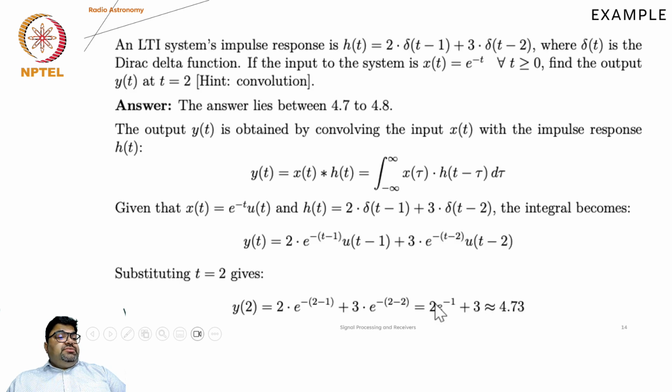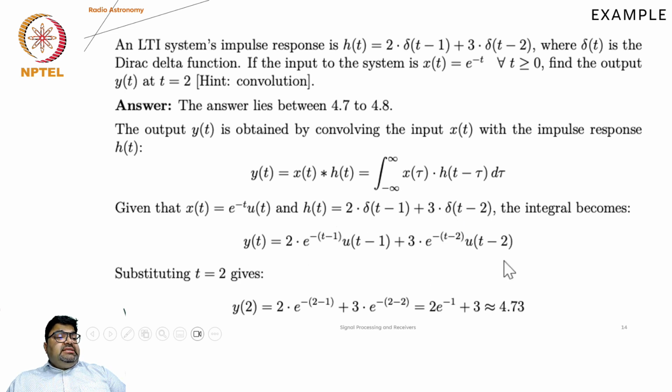That should be clear. Again, I'm just going through it. The impulse response is given, and the input signal is also mentioned, which is x(t) equal to e to the power minus t. It is only valid for t greater than or equal to 0, so we replace that condition with a unit step function, and then h(t) is there.